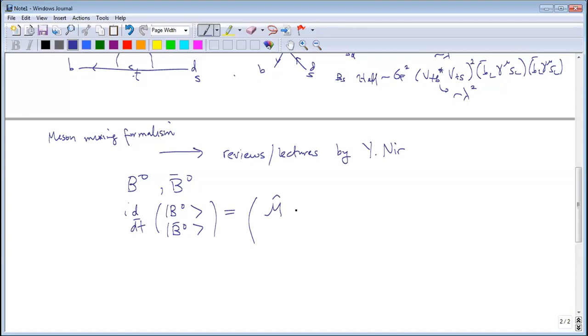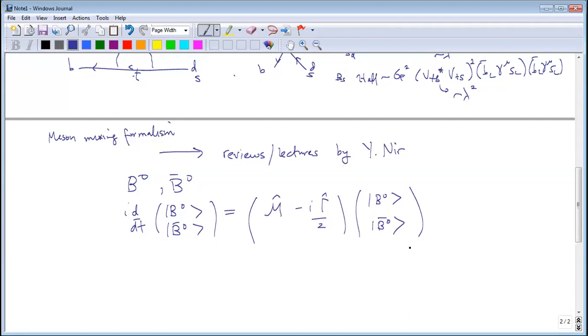Here, we also want to recognize that these things can decay. So we should add a complex piece to this Hamiltonian to represent the fact that decays are happening. Okay, so we can then write out B0 and B0 bar, like so.